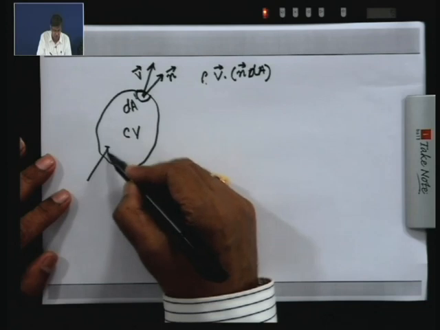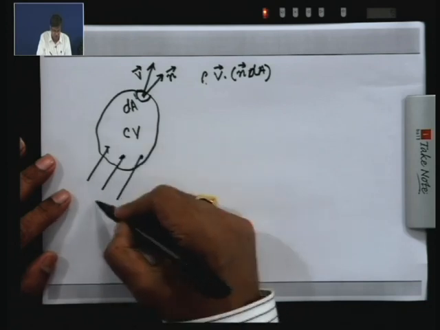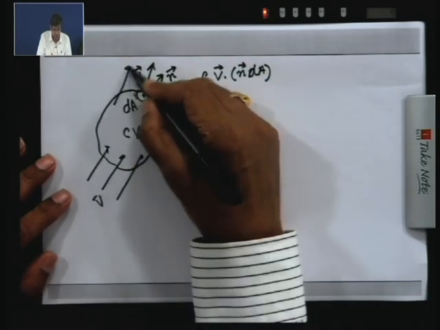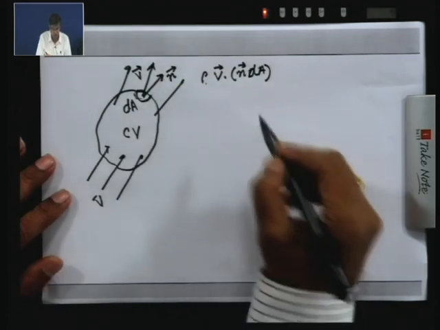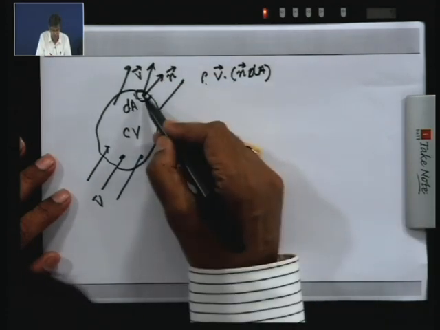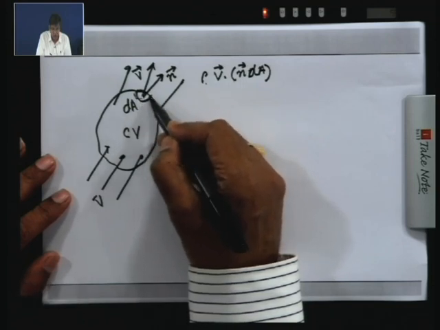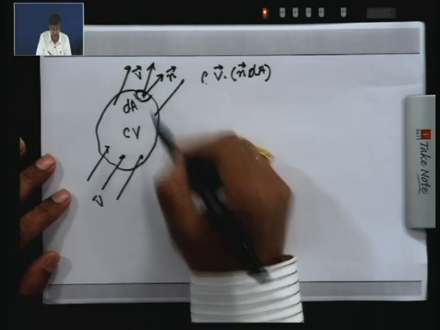Now, let us consider a velocity field like this. Over a small elemental area, this is the flow velocity. So, this is nothing but the mass flux, or the outflow rate of mass, out of this surface dA from the control volume.